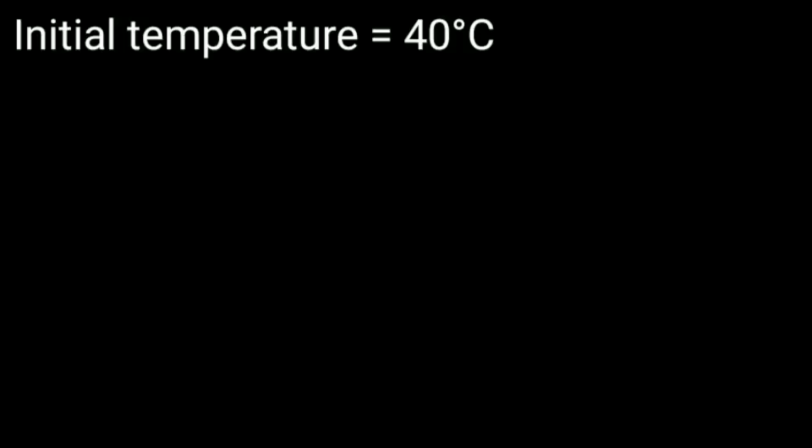First statement is initial temperature. It means the actual room temperature before beginning the freezing process. It is 40 degrees Celsius. Second statement is room temperature decreases at 5 degrees Celsius per hour. It means the rate of temperature decrease per hour.